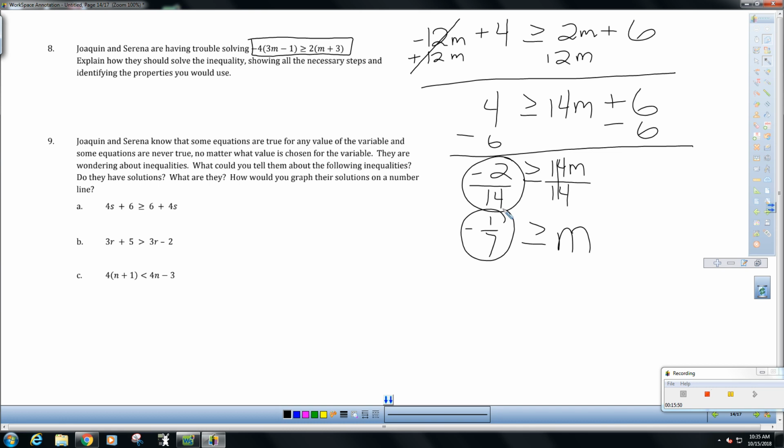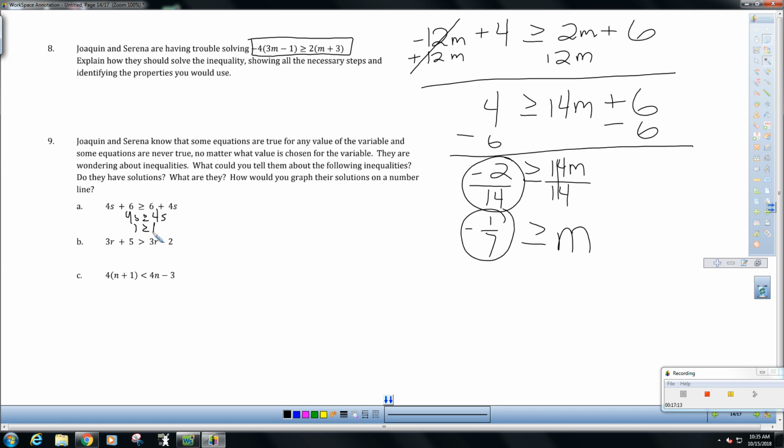Well, let's see. How do I want to show you how to do this? Let's subtract 6 from both sides. You get 4s is greater than or equal to 4s. And let's, I guess, divide each side by 4s, and you get 1 is greater than or equal to 1. Okay, do they have solutions?